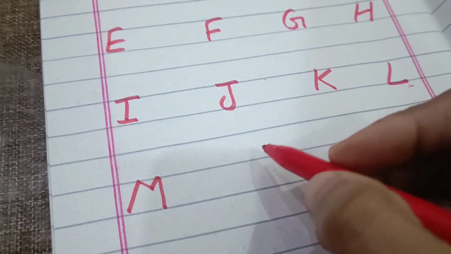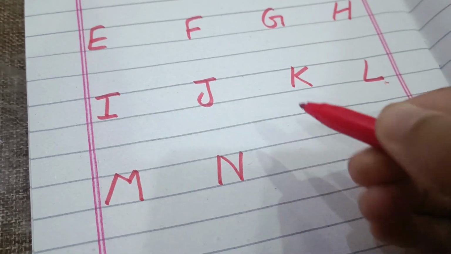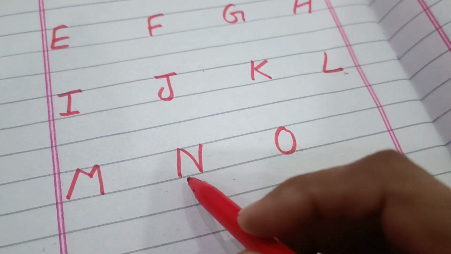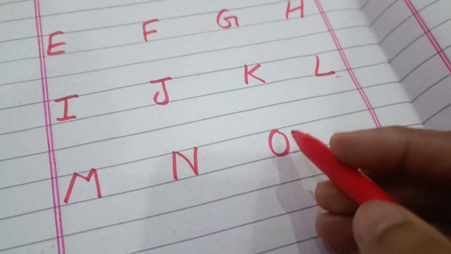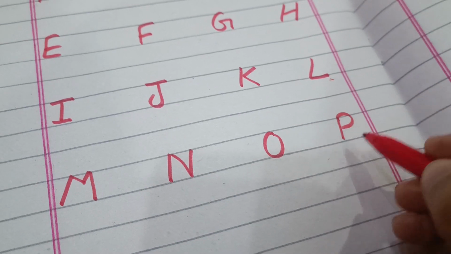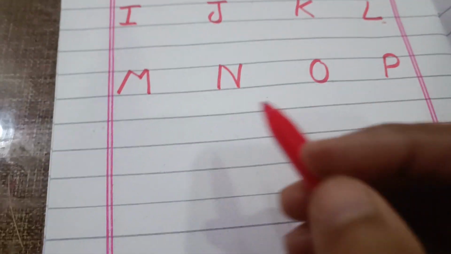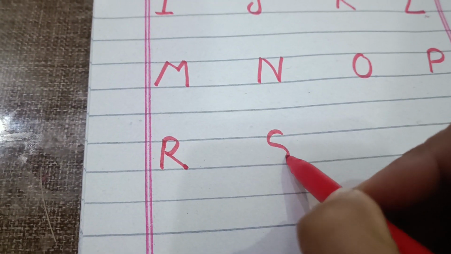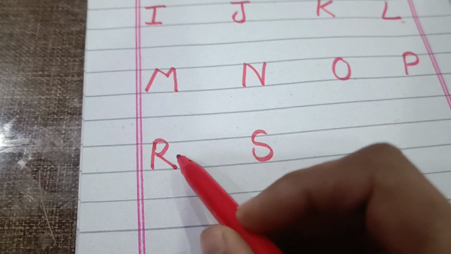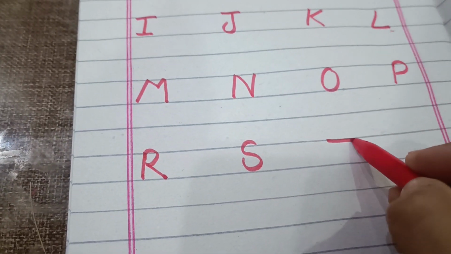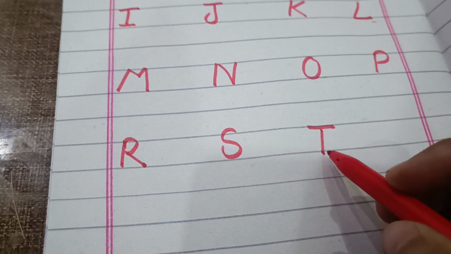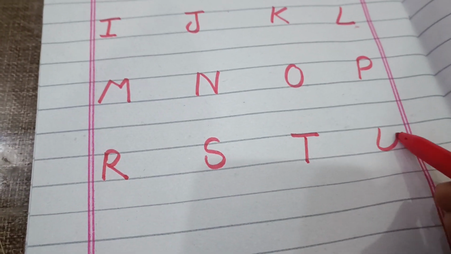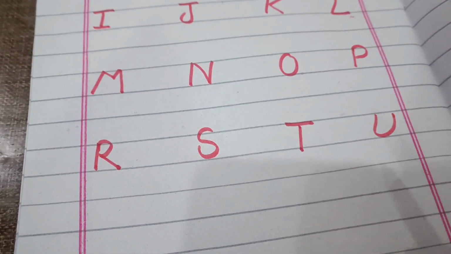M for monkey, this is the N for nose, O for owl, this is a P for parrot, R for rose, S for star, T for television, U for umbrella.